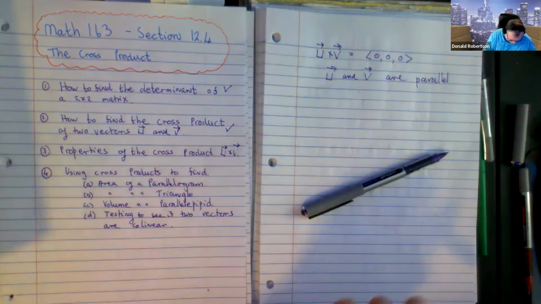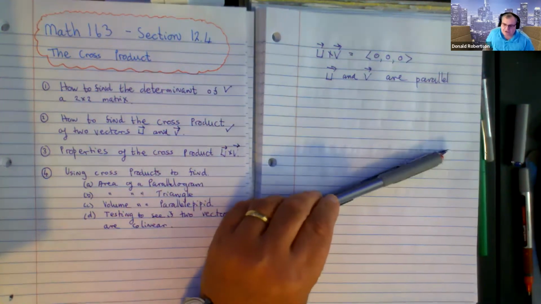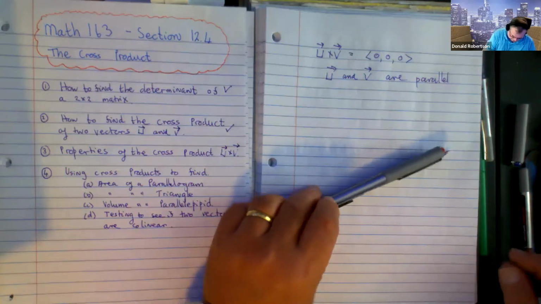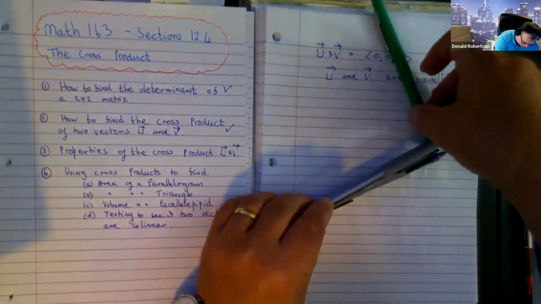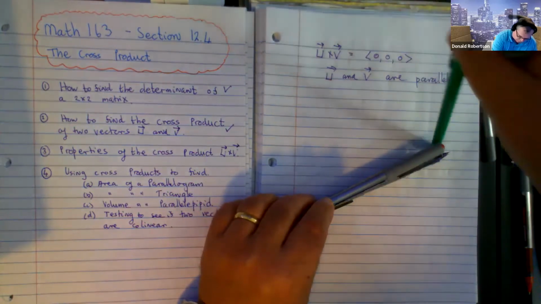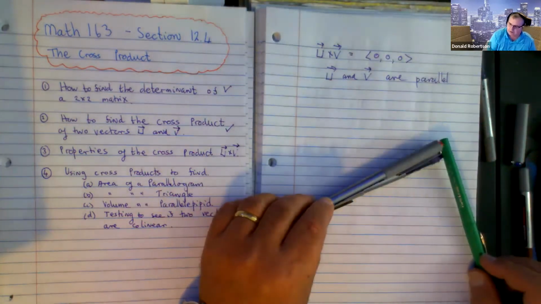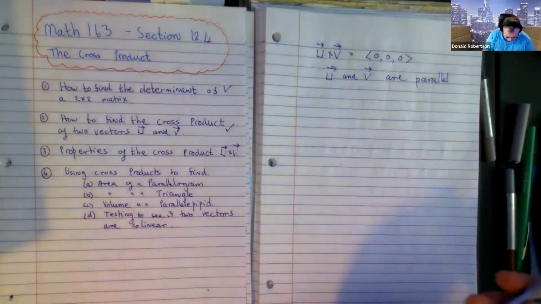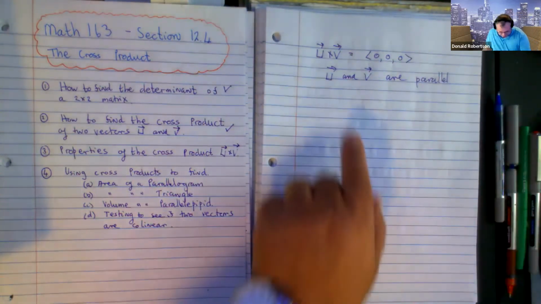So if you imagine that was u and this is v, can you see that there isn't a single vector that's orthogonal to them? You might say, well, that one's orthogonal, which is right. But aren't all the other ones that make a wheel shape also orthogonal to that? Can you see that? There's an infinite number. So how does that work out as cross products?